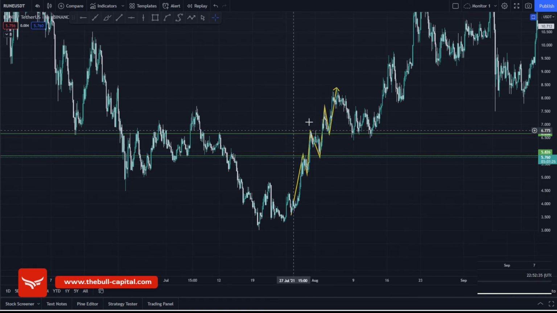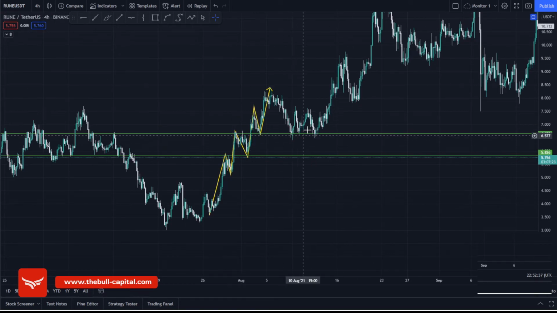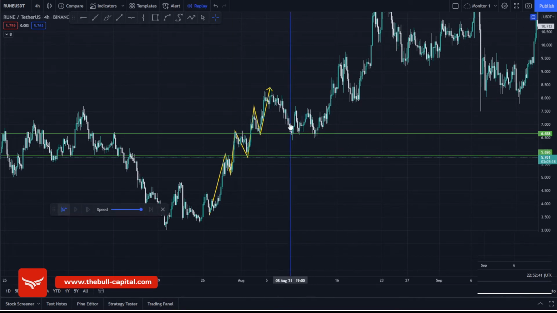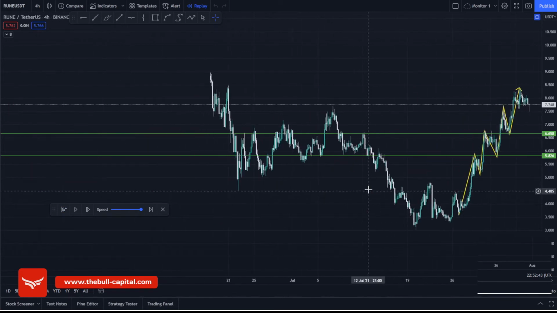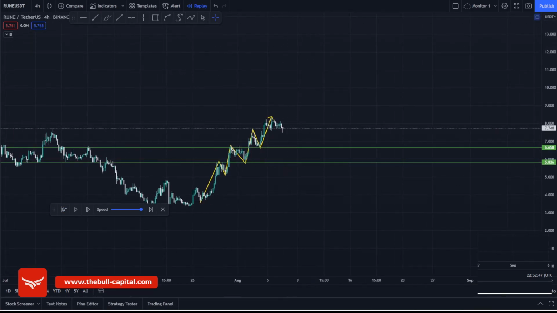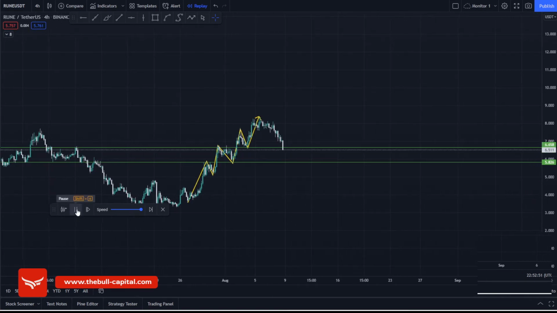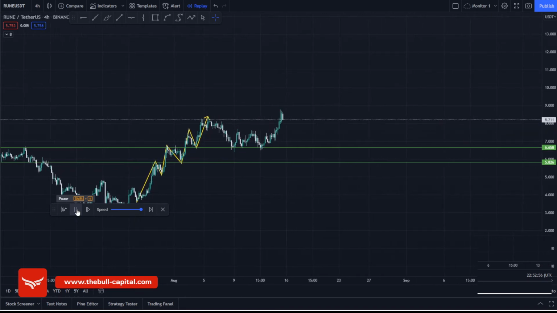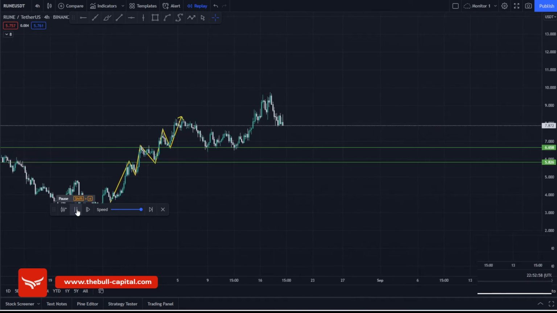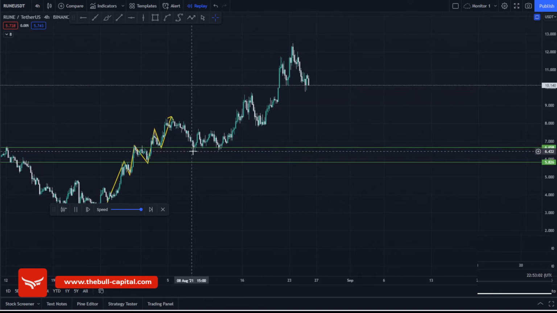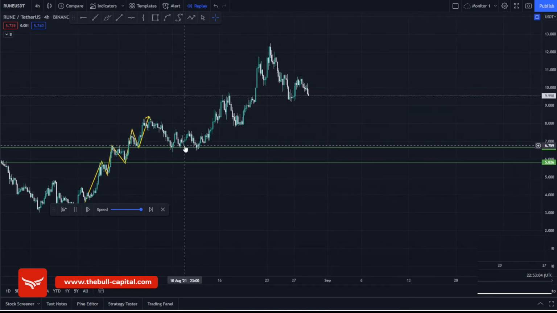Now let's see what happens when these levels are tested in the future. Let's take it from here and just watch. So here it actually holds the move and it goes higher. Now this level has been tested three times. It had three touches.